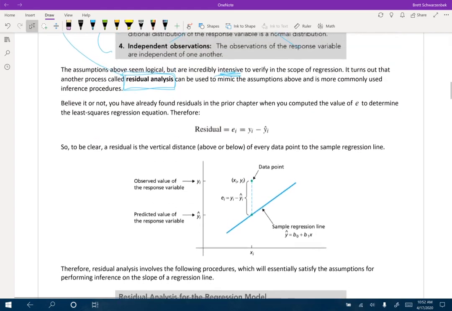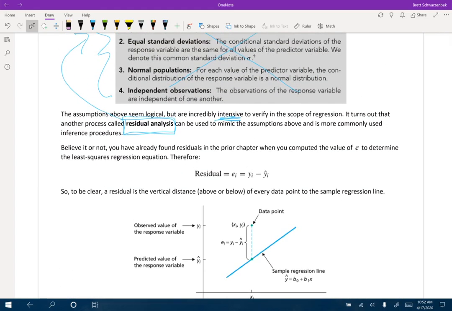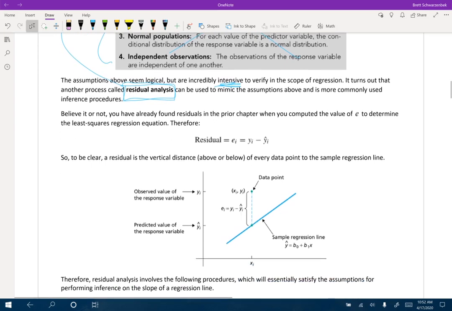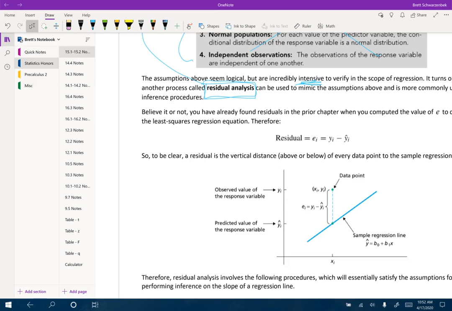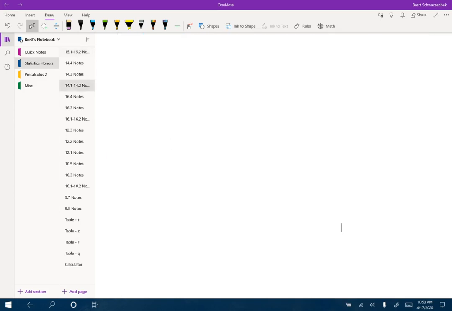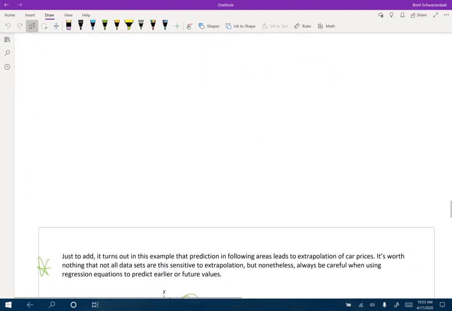But before we get there, let's first talk about residuals. Even though this is the first time you've heard the term residual, believe it or not, you already know it. If you return to the lesson when we talked about the least squares regression line, back in 14.1, 14.2, I'm going to try to find it here for us.